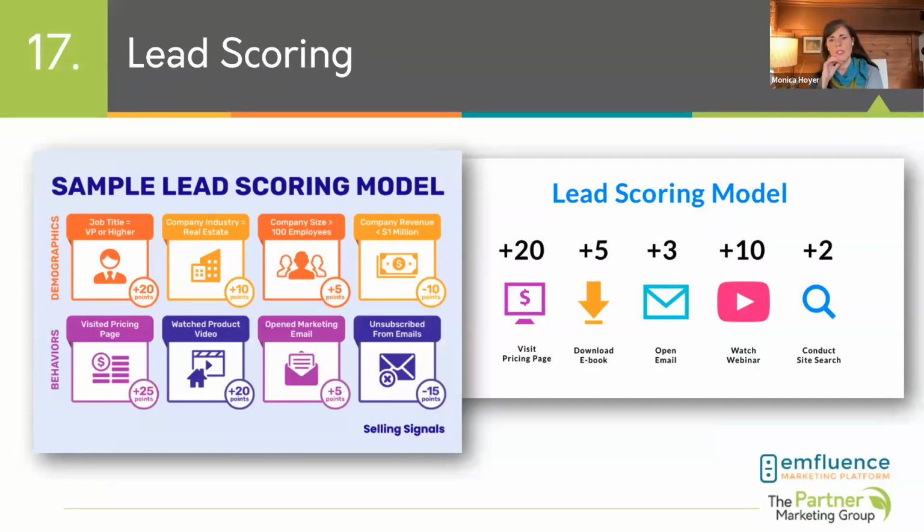Lead scoring is another really good way to really understand who your customers are and who are the people that might be in that purchase path faster than others. So there are lots of different lead scoring models out there. Mfluence has the ability to allow you to have 5 different lead scoring models, which I think is one of our differentiators in the marketplace.